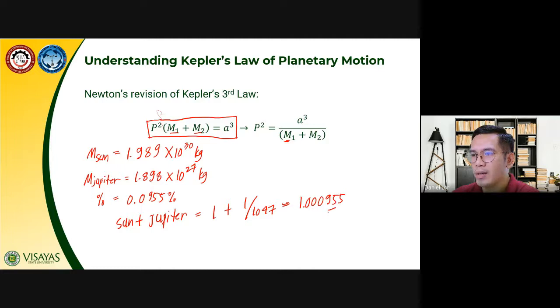So gamay ra kaayo ang difference to the factor of 1. So other cases involve the orbits of two masses when one of them is not our sun.